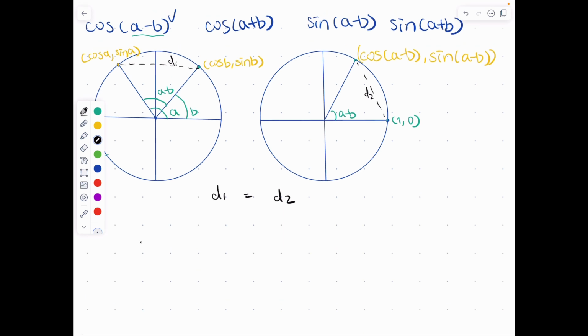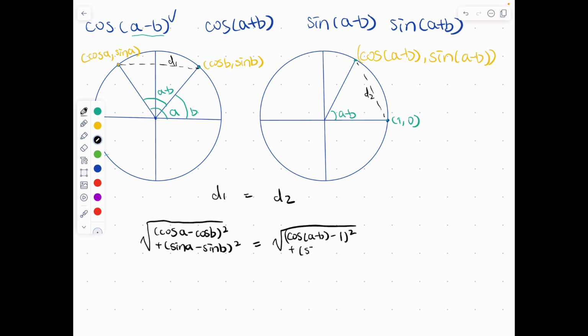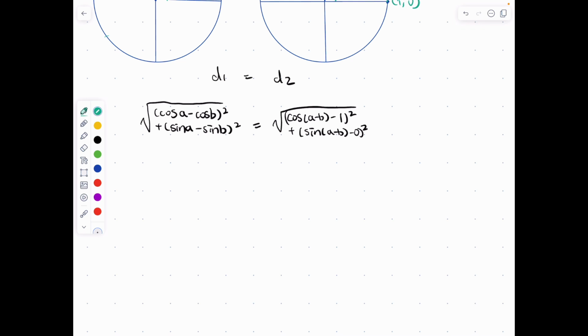So what is d1? d1 is square root of cosine a minus cosine b squared plus sine a minus sine b squared, and that will be equal to square root of cosine of a minus b minus 1 squared plus sine of a minus b minus 0 squared.